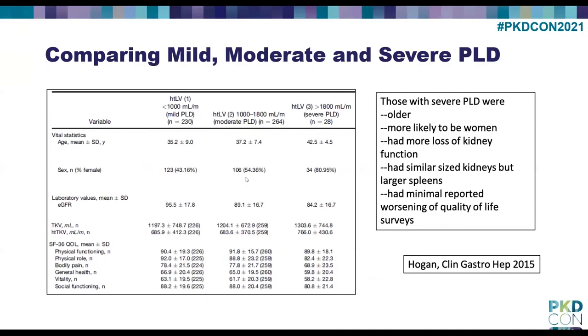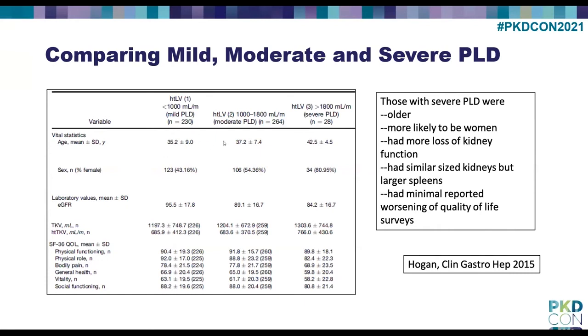So what happens with having the liver cysts? How do liver cysts impact function? So this study was looking at those people with mild polycystic livers compared to moderate, compared to very large polycystic livers.